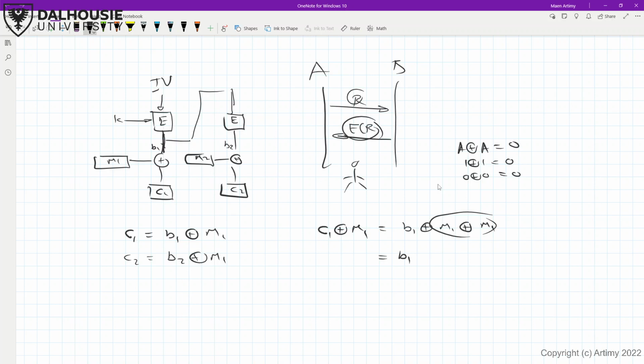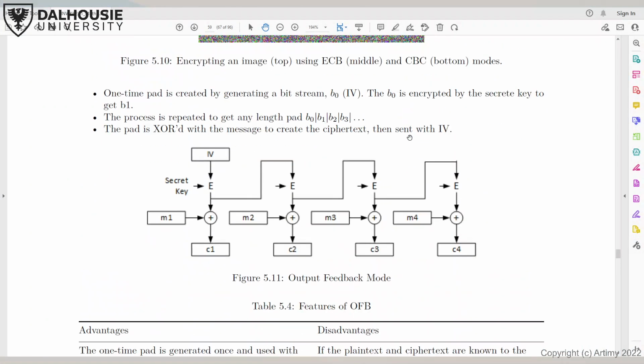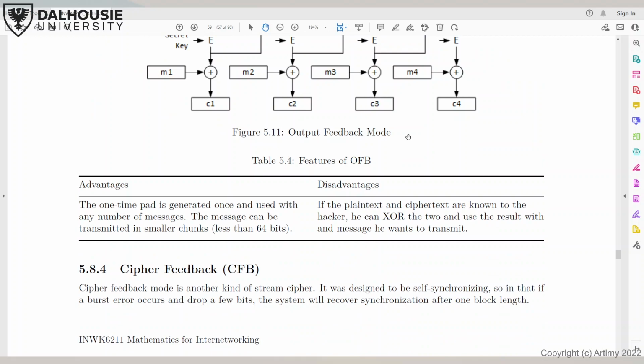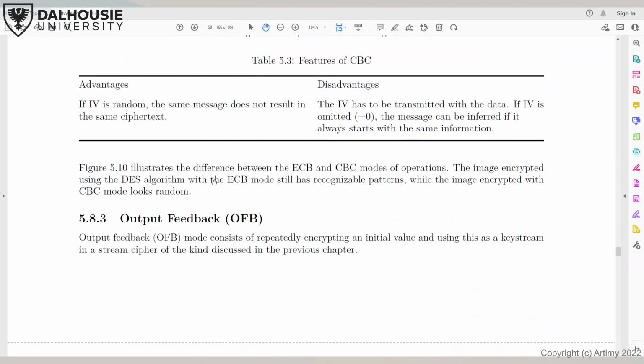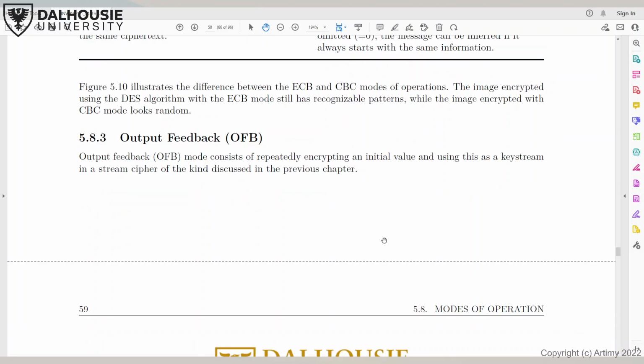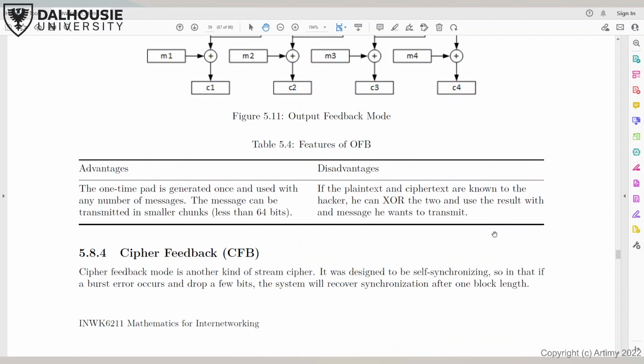So if I want to use this authentication technique, I shouldn't be using the one-time pad. I should avoid using it. For other applications, that's fine, but you have to be careful about which one you use. So for the output feedback here, we have to be careful about its applications.